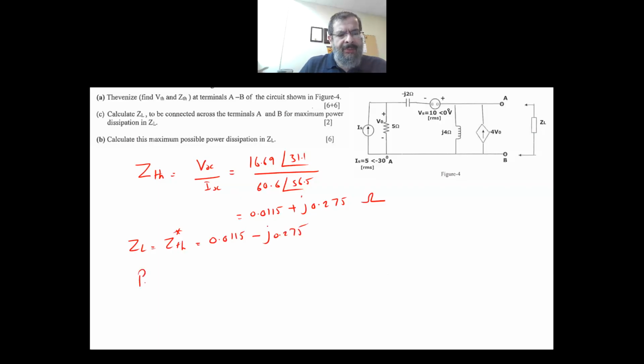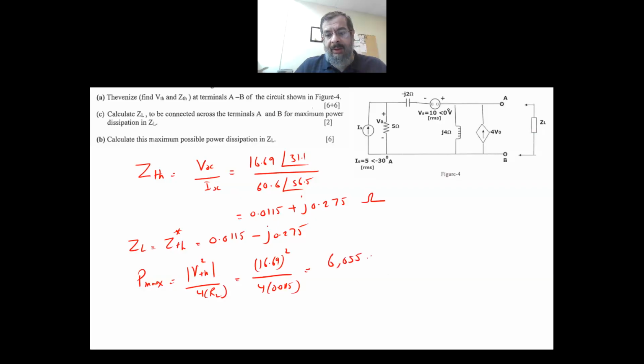And basically your P max is equal to V Thevenin magnitude squared divided by 4 times RL, which is equal to 16.69 squared divided by 4 times 0.0115, and this will give me 6,055.5 watt. So this is the correct answer for the question.